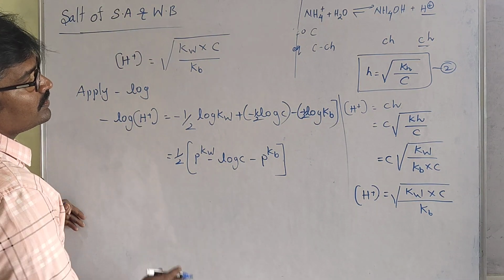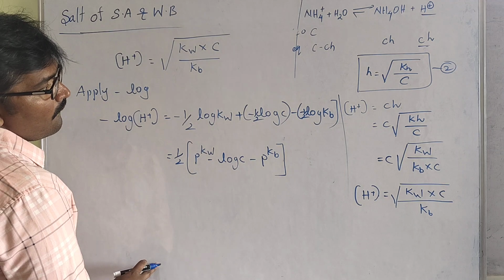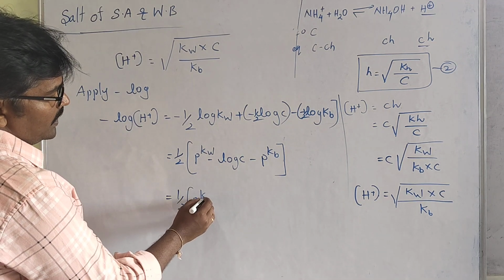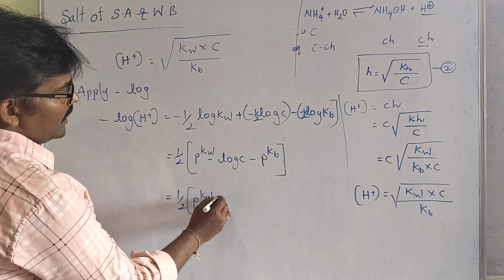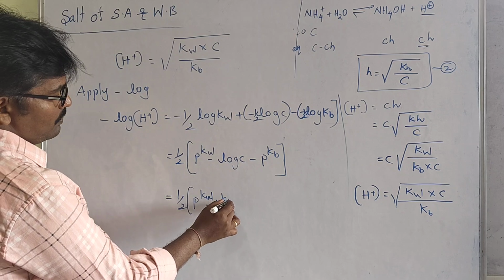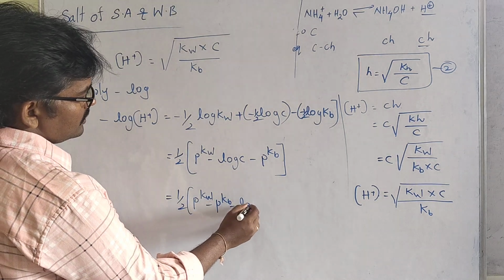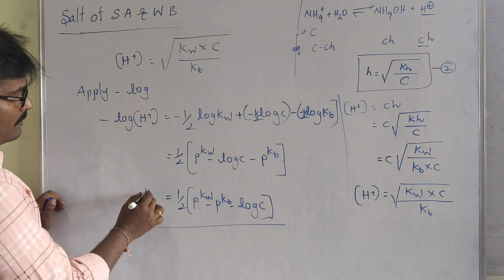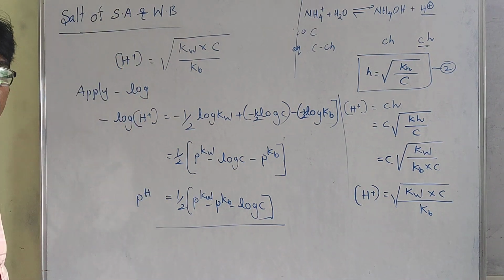So look at now, half into PKW minus PKB minus log C. This is the formula to calculate pH of this particular salt.